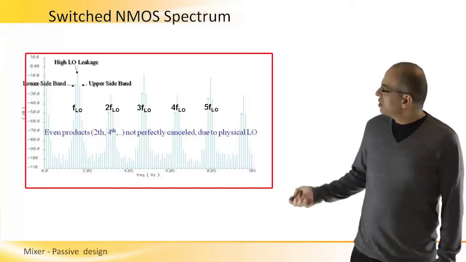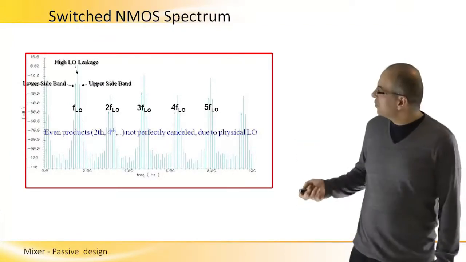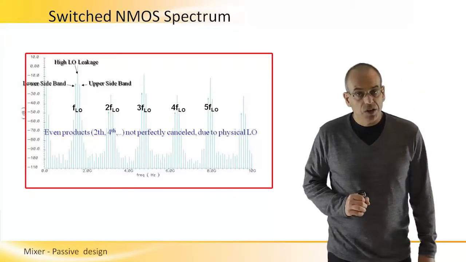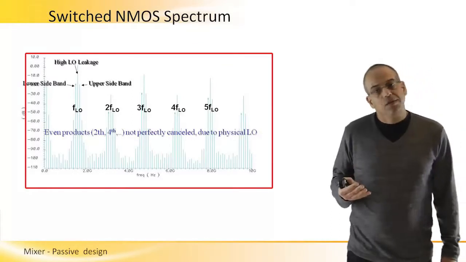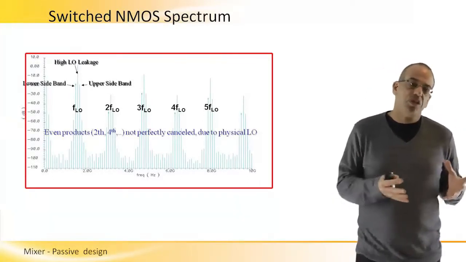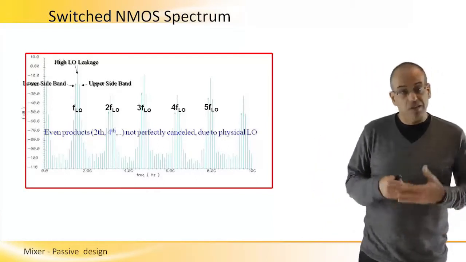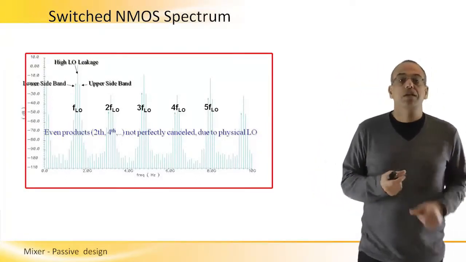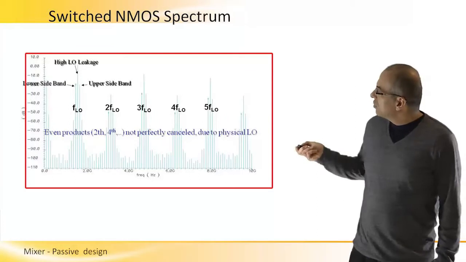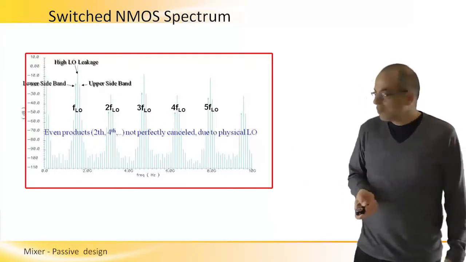We can see the first, third, and fifth harmonics being more significant than the second, fourth, and other even harmonics, which is explained by the more square wave, 50% duty cycle nature of the LO. It's not an ideal LO, but it's still very close to ideal. So the second harmonic is lower than the third, and so forth with the fourth compared to the fifth. However, we do have these harmonics. They're noticeable.